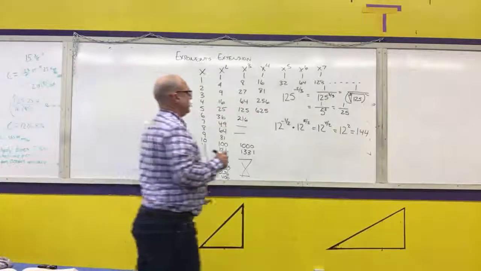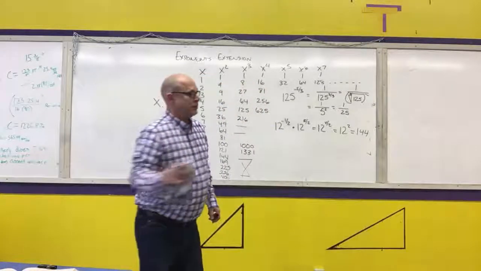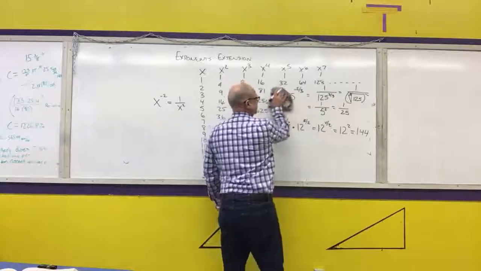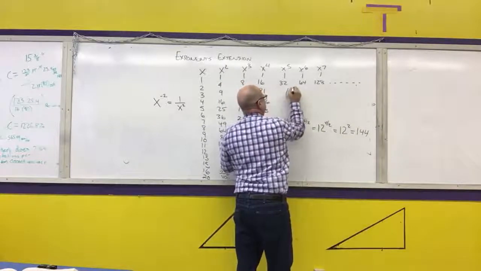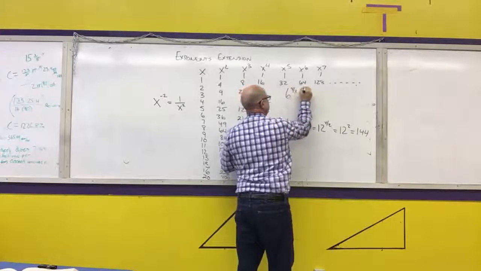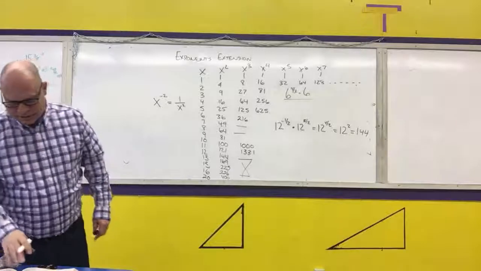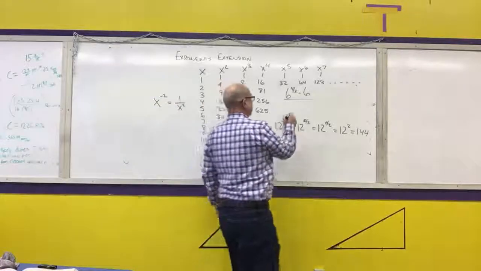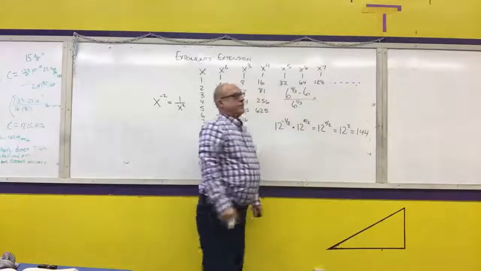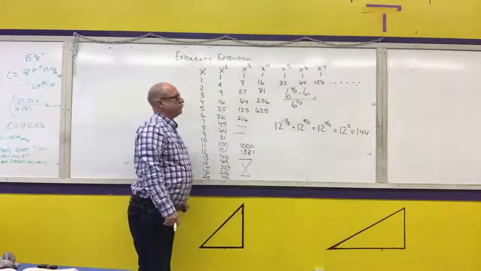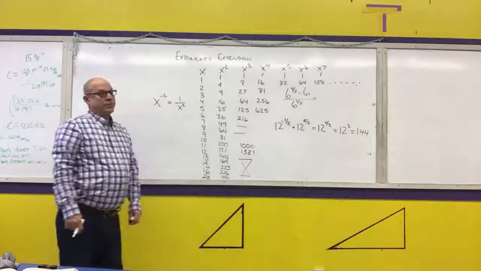How about, let me erase that one. 6 to the 4/3 times 6 over 6 to the 1/3. Wouldn't that simplify to 6 to the 1/3 over 6 to the 1/3?